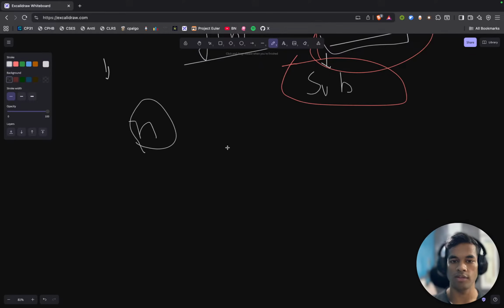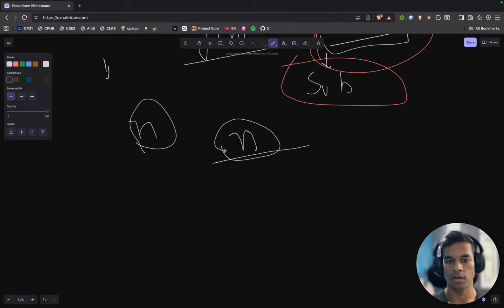I think in coin change, if n is the maximum amount that we want to get to, then the highest and the smallest denomination that we have would define a lot of things.